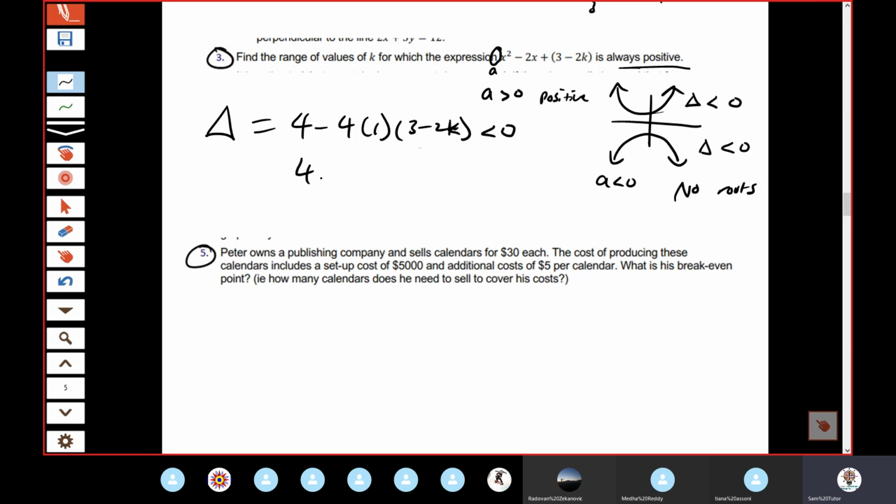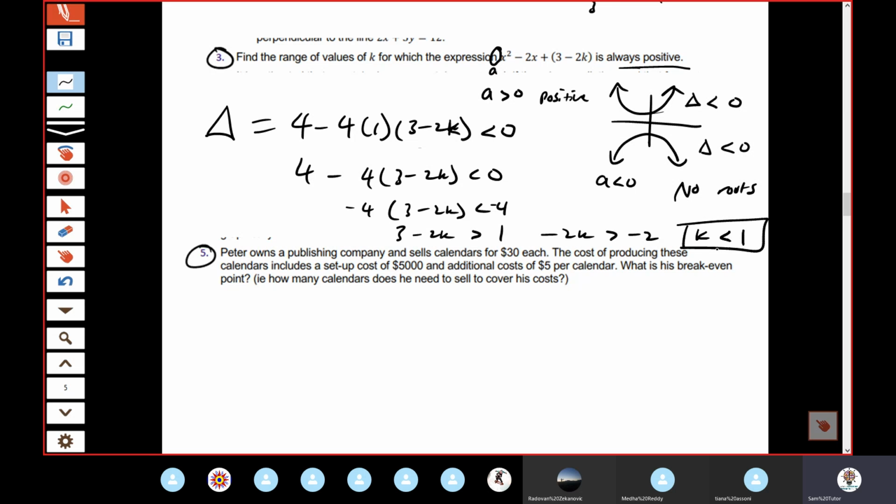All right, 4 minus 4, minus 4, less than negative 4, divide by negative 4, greater than 1, take away 3, negative 2, and then again divide, k is less than 1.